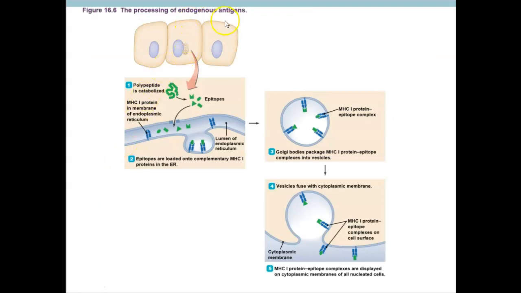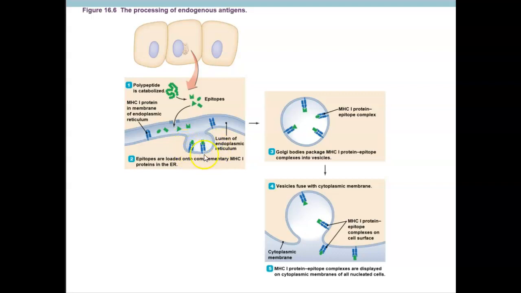For endogenous antigens, the MHC proteins get produced by ribosomes that attach to the ER, and this is how they're oriented inside the endoplasmic reticulum. Meanwhile, randomly, proteins are plucked out of the cytoplasm, broken down into epitopes, and transported into the lumen of the rough ER, where they associate with these class 1 MHC proteins.